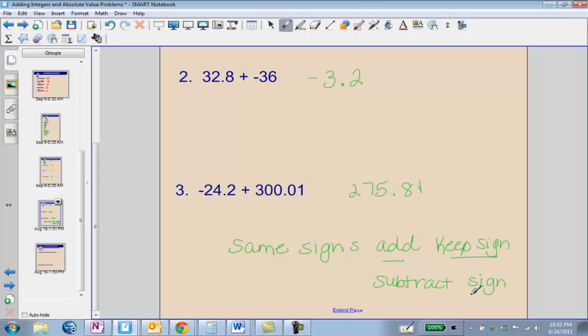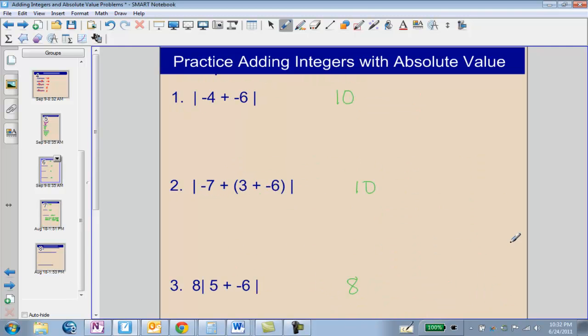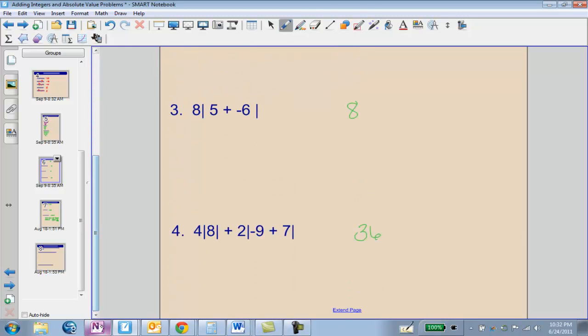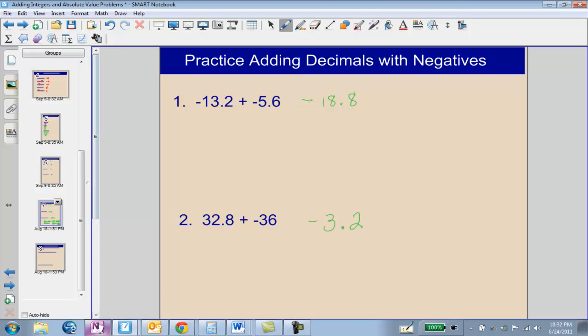So we'll call that sign of most. So that's for different signs. Now, the other thing you want to keep in mind is that you are working with decimals and you have to line up place values whenever you're working with decimals. So make sure that you line up your place values.